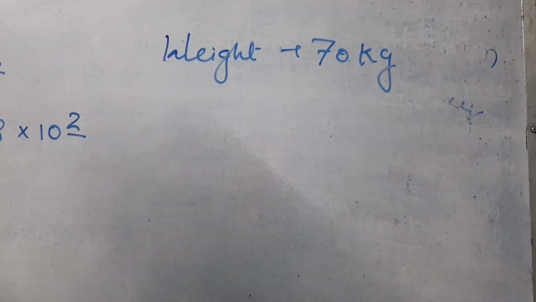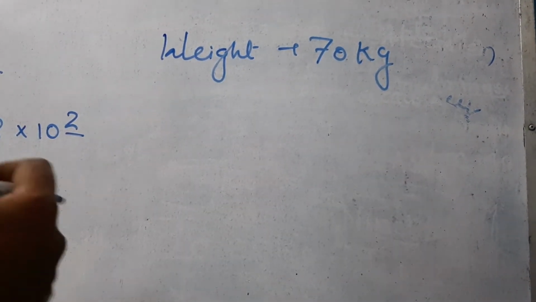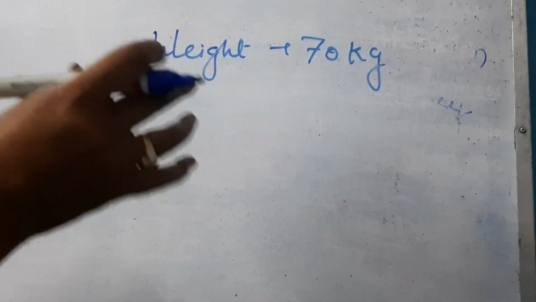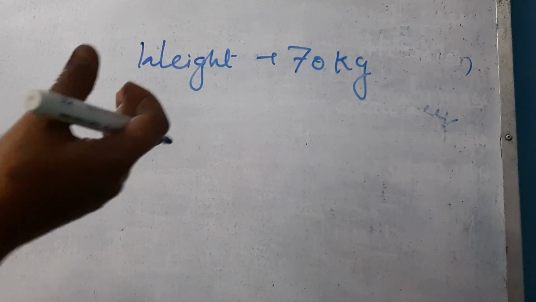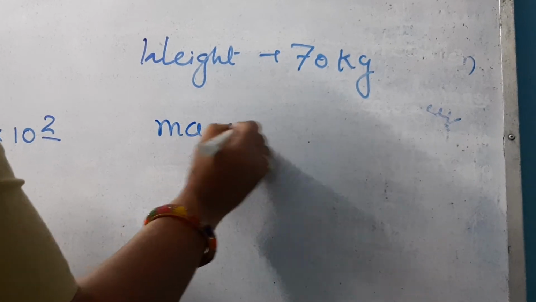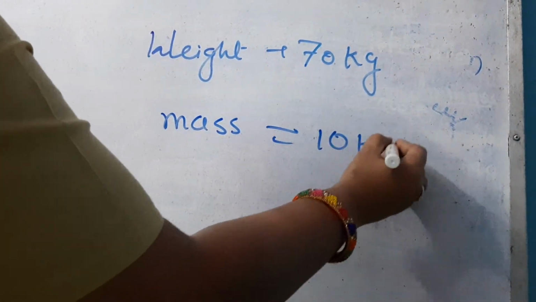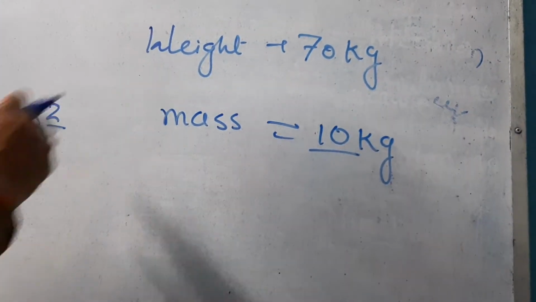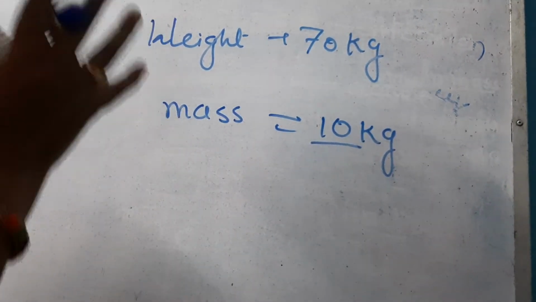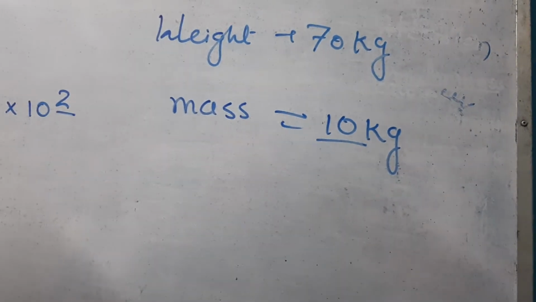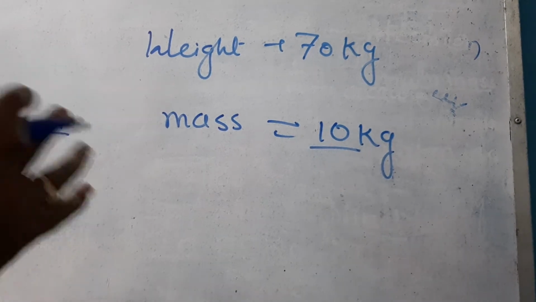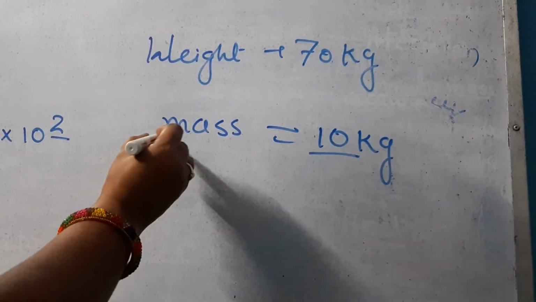But when I give you one object and ask you to weigh it and tell me, then you have to say the mass of that object is 10 kg. Why are you not saying the weight of that object? Because mass means how much quantity or total amount of substance is inside that particular object, that is mass.